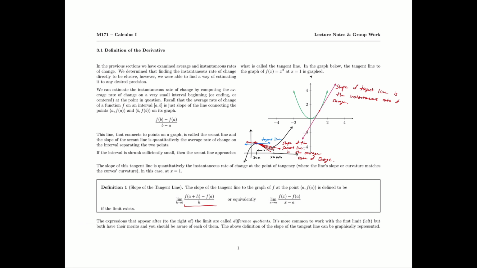These pieces right here are called difference quotients, because it is a quotient of differences. Sometimes that term will come up, so you should be aware of what it is.